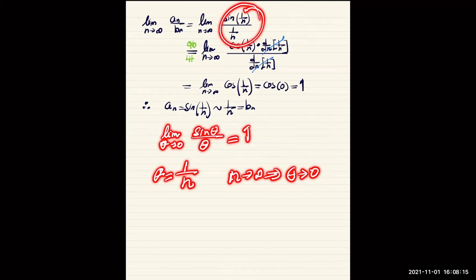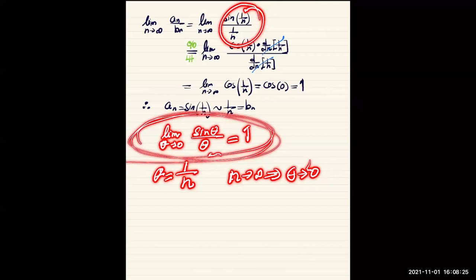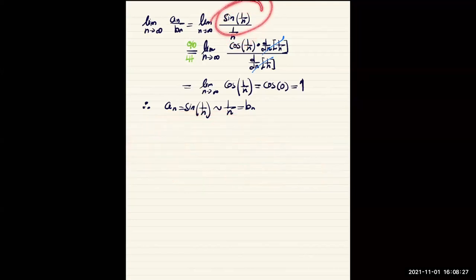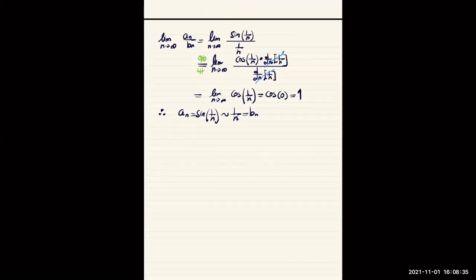So sine of 1 over n divided by 1 over n becomes sine of theta divided by theta as theta goes to 0. These two limits are equal. They say the same things. Okay?